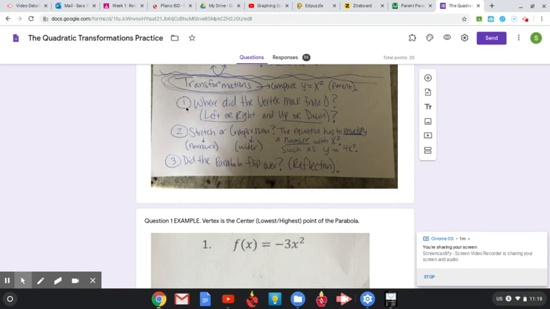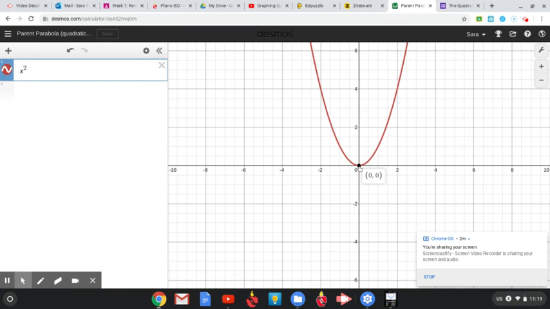So question 1, you're going to have a new equation compared to this parent equation. With the new equation, where did the vertex move from 0? The vertex is this point here, the center of the parabola. On the parent, it starts at 0, 0.